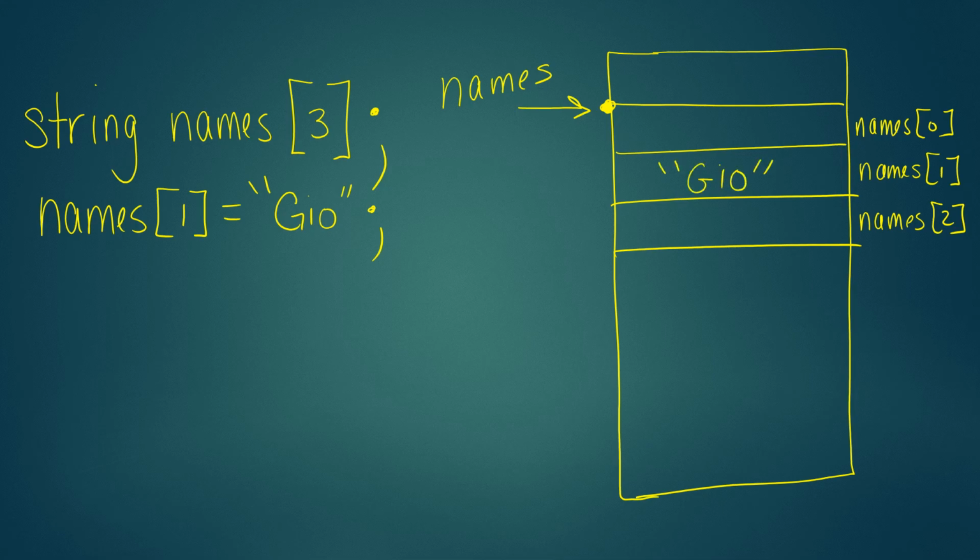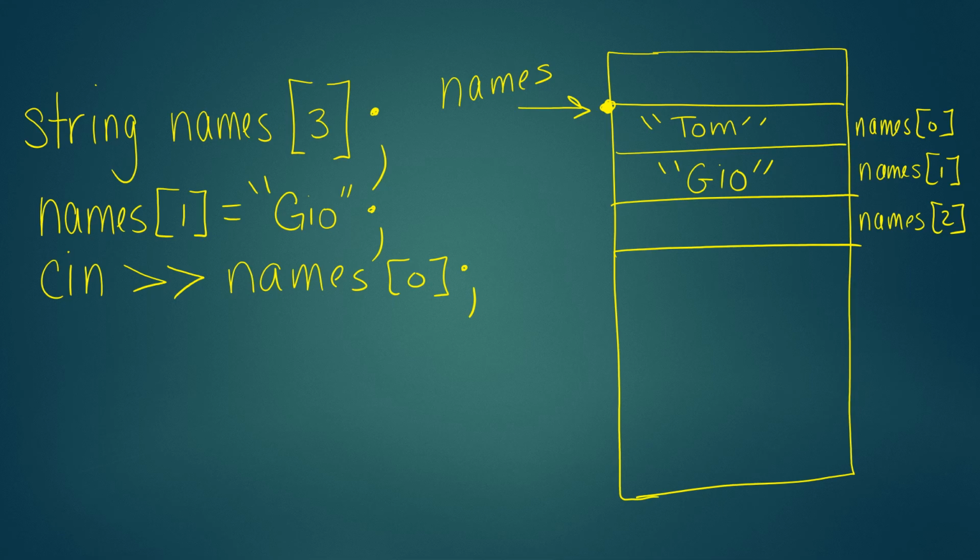If I wanted to read in from the keyboard a name, of course I would prompt first, but into names at index 0, then whatever name was entered from the keyboard, say Tom, would go here. This is just a visual of this concept. This is not the programming part of it.